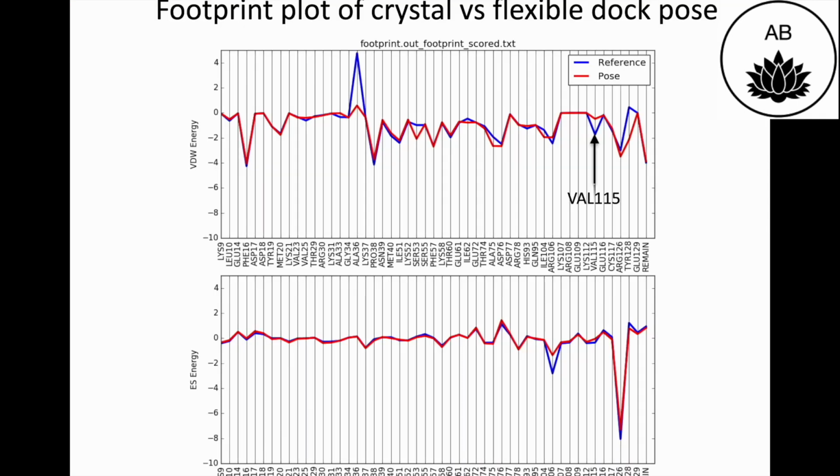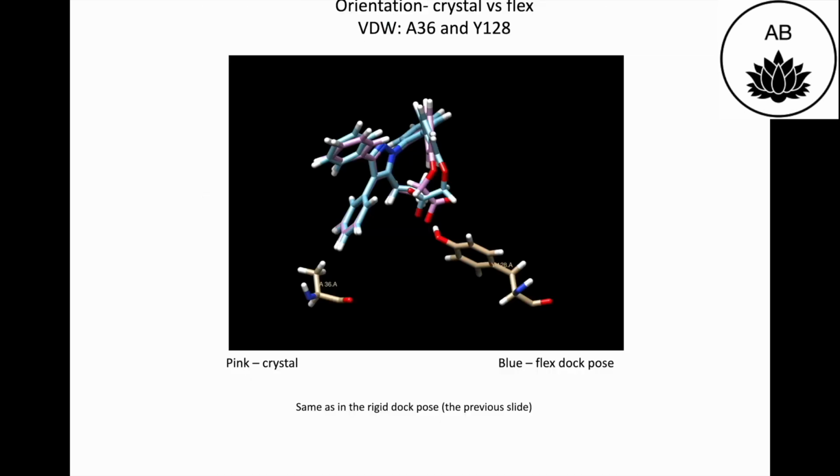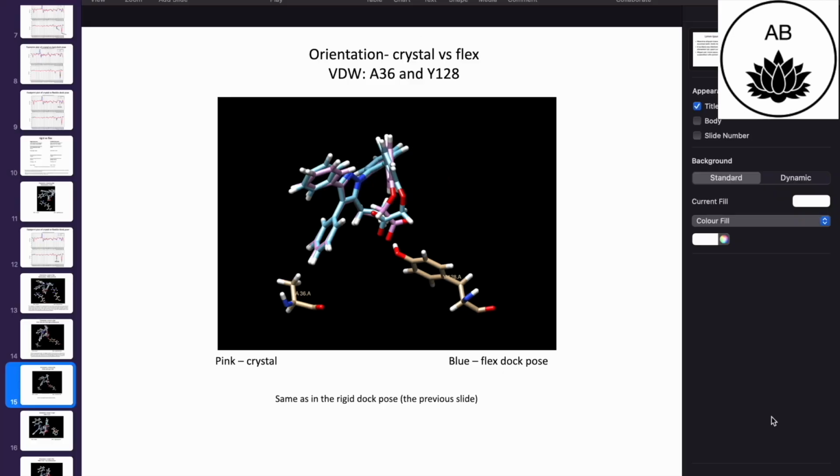So what's happening with the rest of the residues which show deviation in the flexible docked pose? They have a very similar profile as in the rigid docked pose. Alanine 36, it is closer to the crystal structure. So the docked structure is actually moving away a bit. And the same applies for tyrosine. You see the pink one, the crystal structure, is closer as compared to the blue one, which is moving away here.